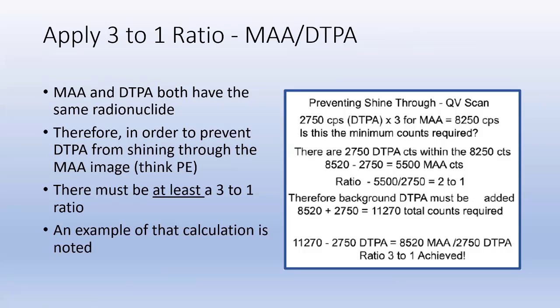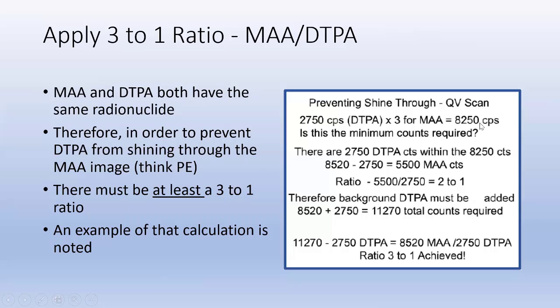So in order to make sure that my DTPA doesn't shine through that cold spot from the PE when we give MAA, we need to make sure that we have a significant ratio between the amount of activity of MAA and the amount of activity in DTPA. So by definition, 3 times the amount minimum. 4 would actually be even better, but I'm going with a minimum of 3.